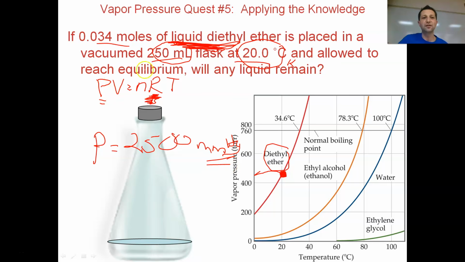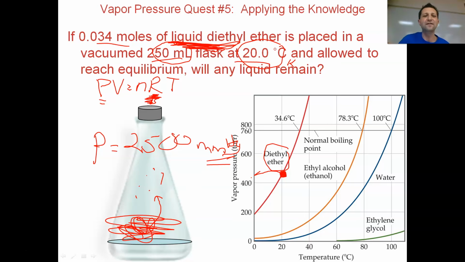So you squirt the 0.034 moles of liquid diethyl ether into this flask, and some of it starts to evaporate until we reach a pressure of 450 torr. Once we reach that pressure of 450 torr, no more evaporates; it's not allowed to. So we can't have all of it evaporate.